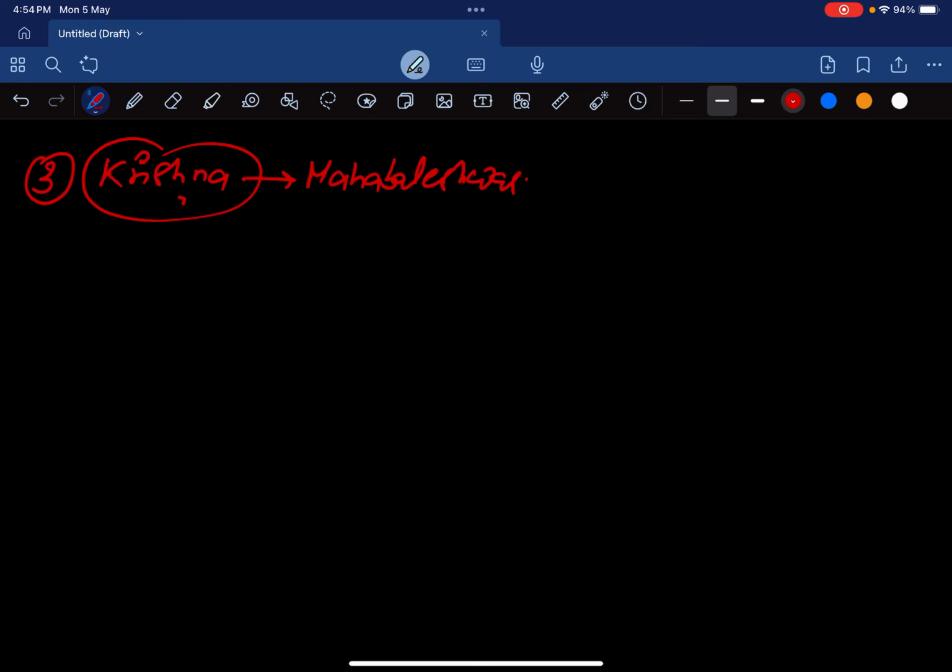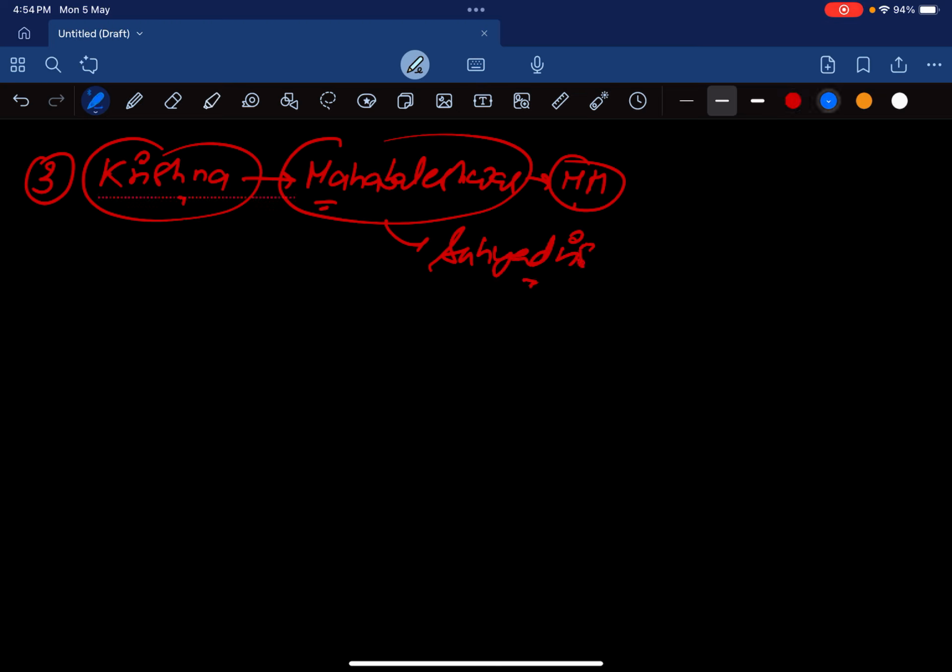The third one is the Krishna river. Krishna river has its origin at Mahabaleshwar, Maharashtra. Right? Mahabaleshwar is in the Sahyadris, that is the Western Ghats.